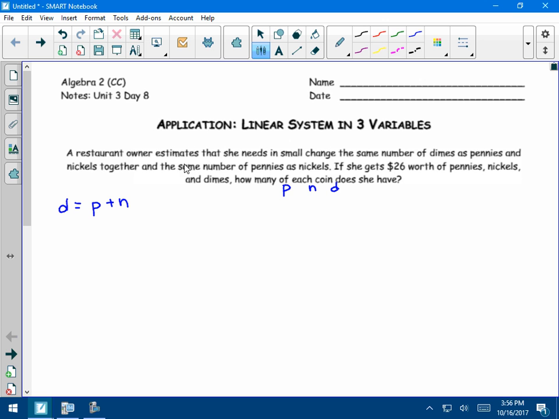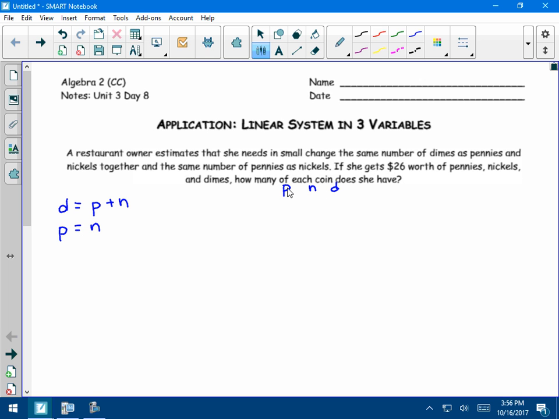Next it says she needs the same number of pennies as nickels. So how would I write that? P equals N. And then finally this last one. She has $26 worth of pennies, nickels, and dimes. However many pennies I have are each 1 cent, however many dimes are each 10 cents, and however many nickels are each 5 cents.